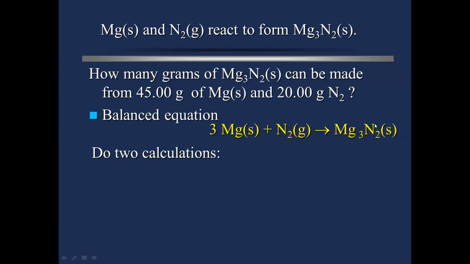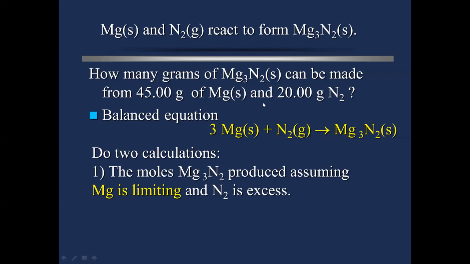So the question is, we don't know which one will be consumed first. If we use this one to do the calculation, how do we know that nitrogen is still in excess? If nitrogen is already used up much earlier, the reaction will stop, and you will not use up 45 grams.